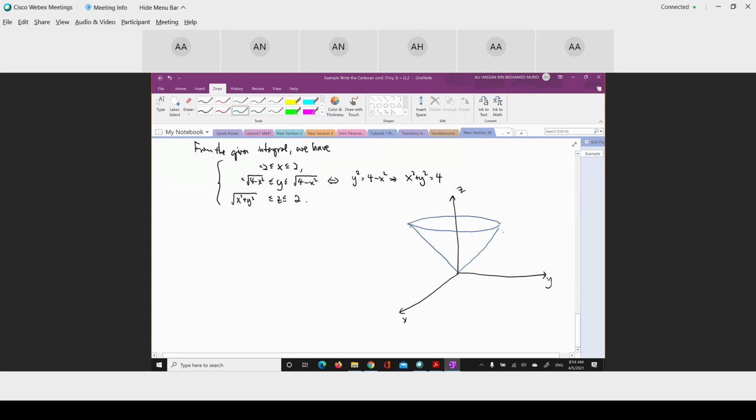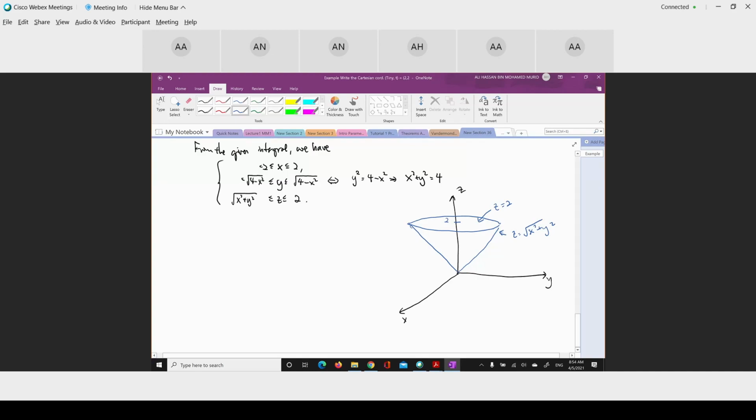It is a cone. Z equal to square root of x squared plus y squared is a cone. So it's bounded below by a cone and bounded above by the plane z equal to 2. So imagine a cone is sliced by the plane z equal to 2.